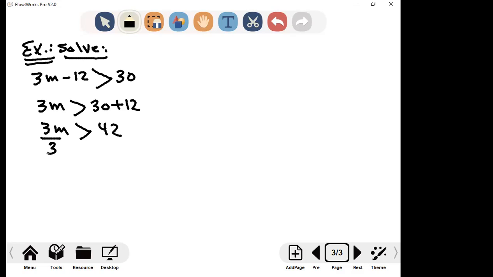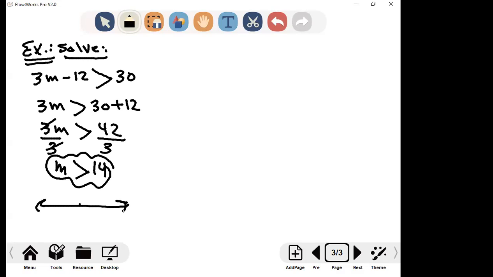Now we divide by 3 on both sides. So m will be, and be careful, the 3 is positive, no need to switch the inequality, right? So m more than 14. And as normal, we can graph the solution: open circle, and go to the right. Is there any difference?